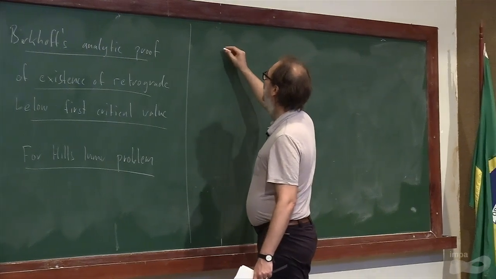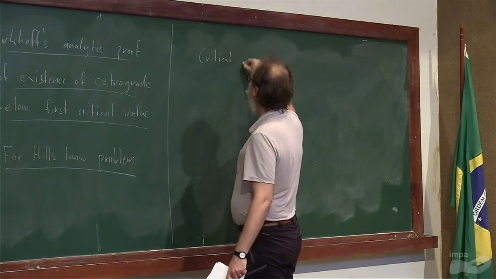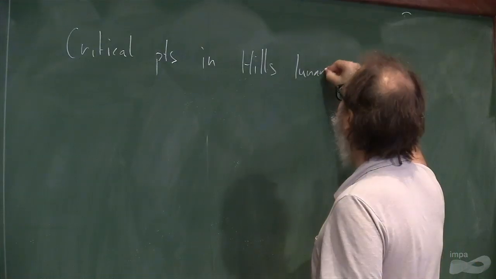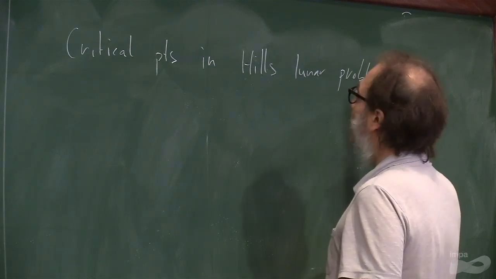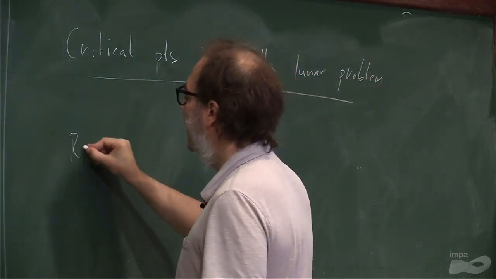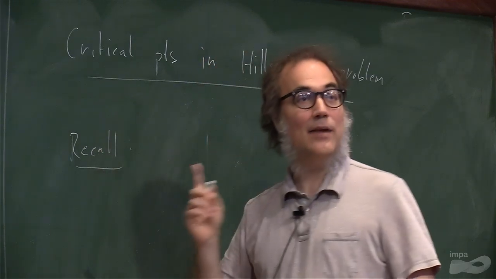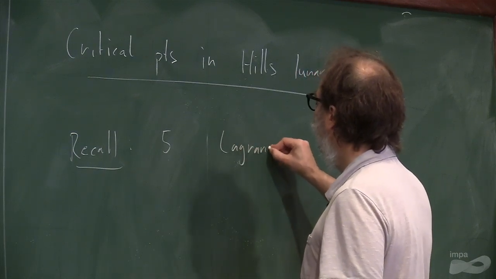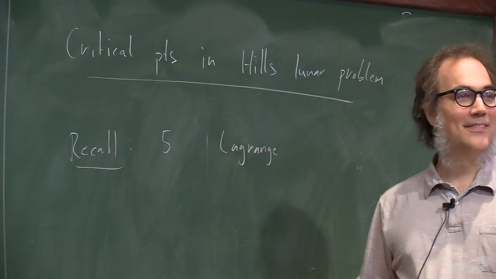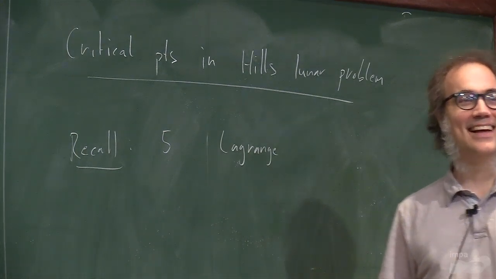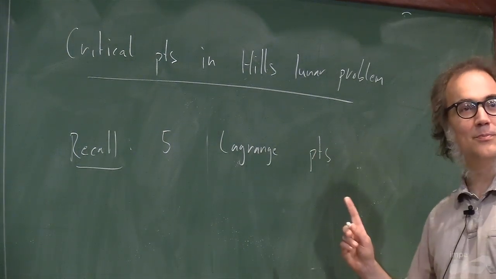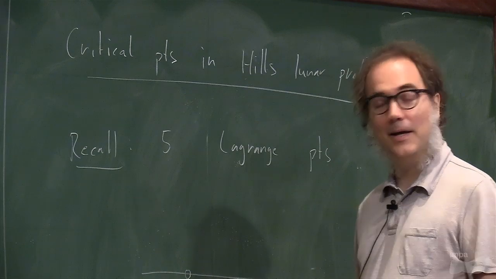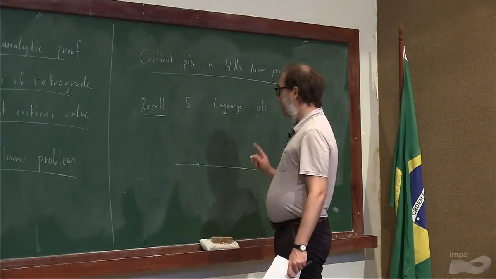So we have critical points in Hill's lunar problem. Recall we had the 5 Lagrange points. Four? Even less. Let's once more draw the case of the restricted three-body problem.